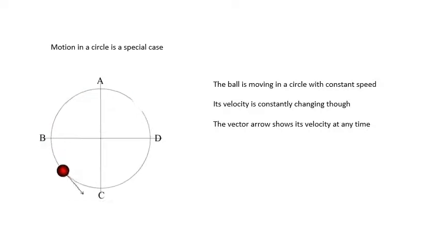Now, why? Because velocity is a vector. And if you look at the arrow, which shows the direction of the velocity, that arrow is changing direction all the time. So its velocity is changing all the time. We will ask a big question later on. Is the ball accelerating? I'll talk about that later.